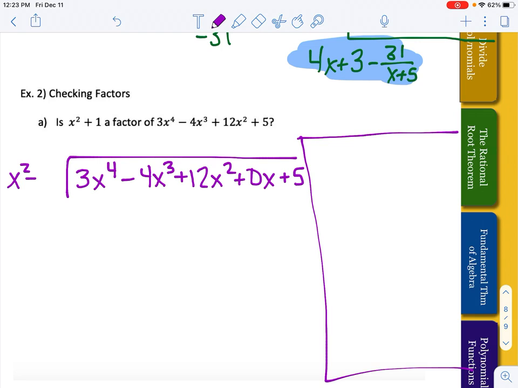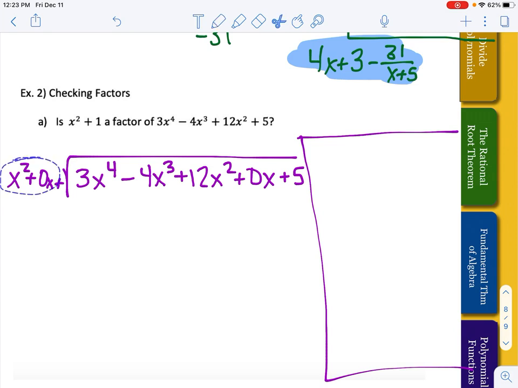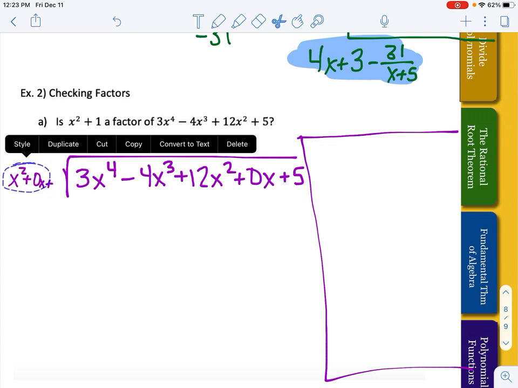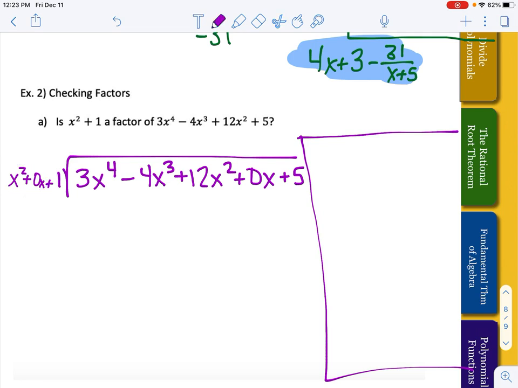It also has to have all the terms, so we need x squared plus 0x plus 1. We can't leave out an important term. So I gotta include that plus 1. And now I can go ahead and start dividing this out. See what 3x to the fourth divided by x squared is.